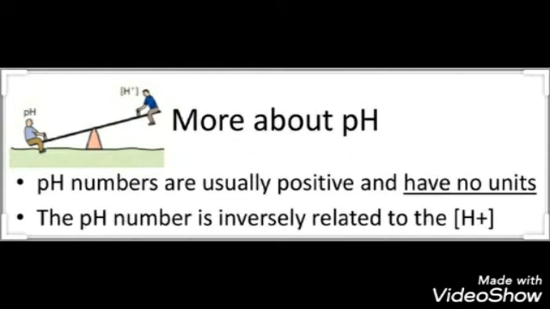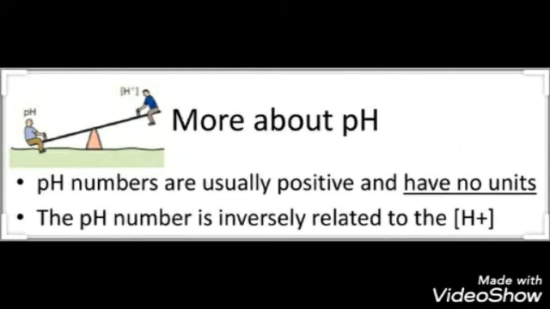Now you must be wondering, how can it tell us the strength of a base if it only considers H+ ions? Remember, bases also have H+ ions, but their concentration is far lower than that of the concentration of OH- ions. So low that they are generally ignored.